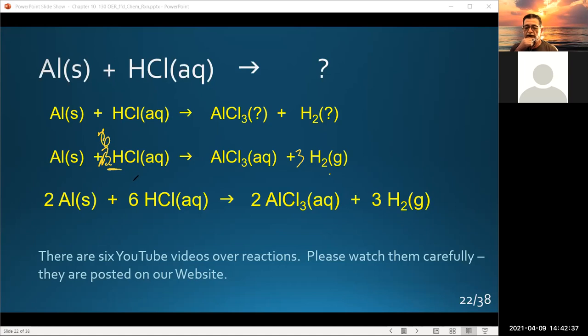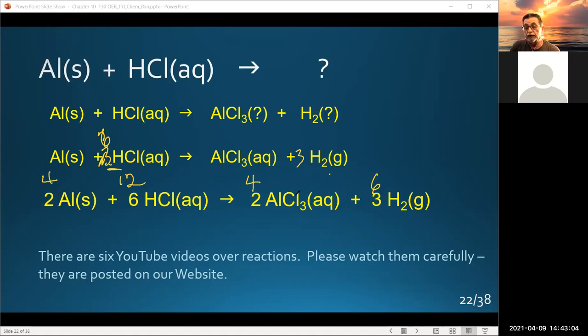Now I can balance my hydrogens. See how that one worked? This is what I mean by a little bit of trial and error with respect to some of these balancing problems. Now, if, for example, you're done with the balancing and you come up with 4 here, 12 here, 4 here, and 6 here, that is balanced. That's true, that is balanced.